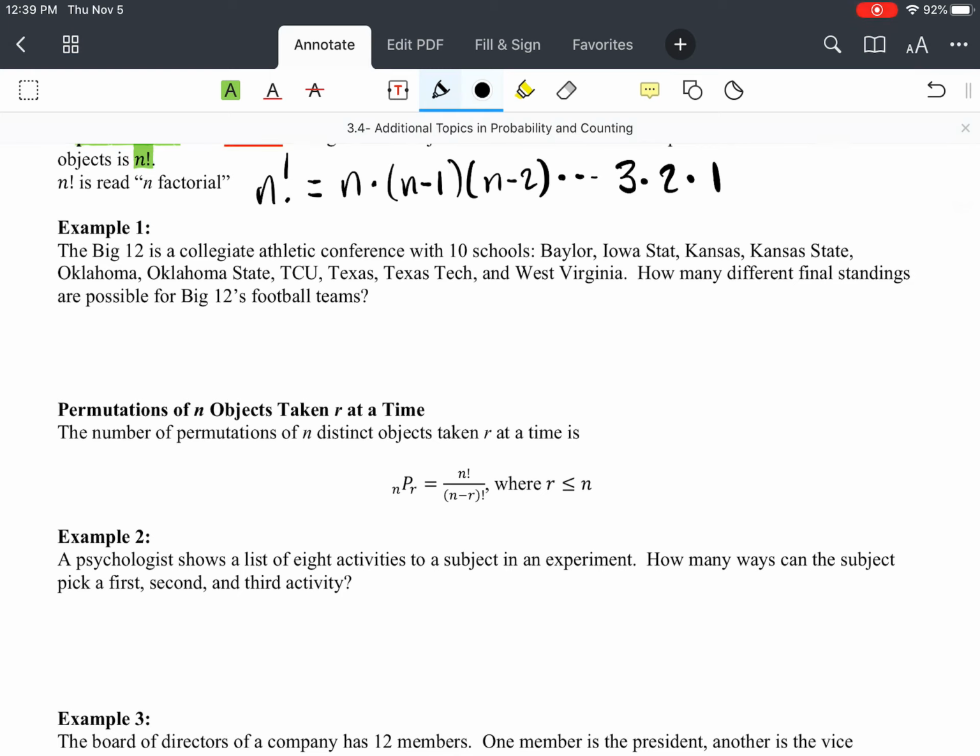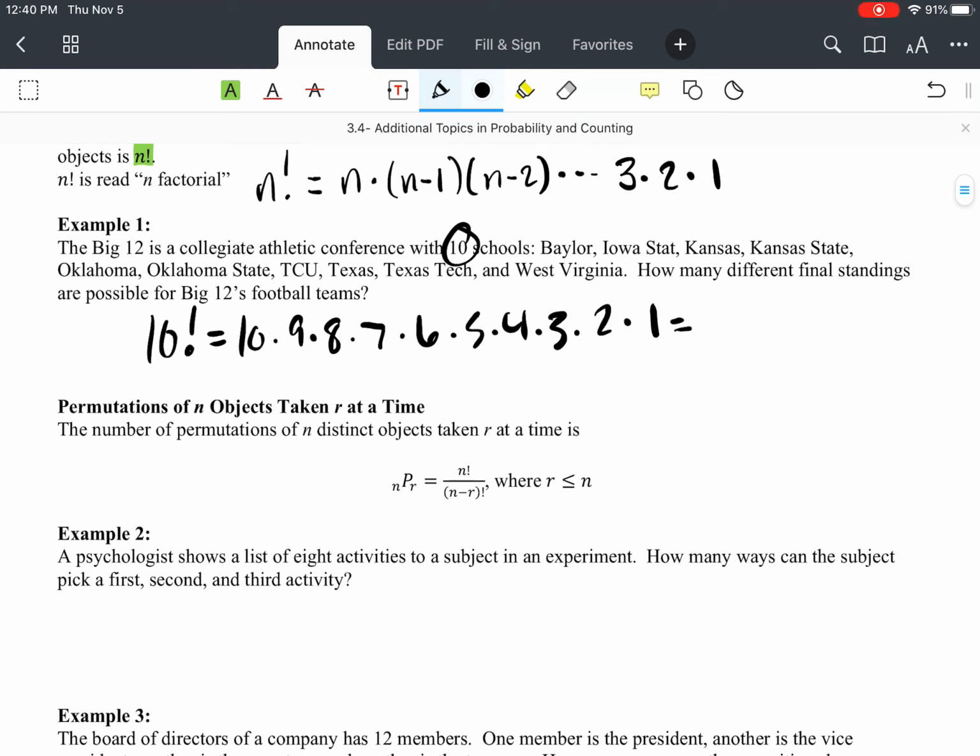In example 1, it says the Big 12 Collegiate Athletic Conference has 10 schools, and a list of schools is shown. We want to know how many different final standings are possible for the Big 12's football teams. We have a total of 10 schools, so the total number is simply going to be 10 factorial, because rank is important. We can rank these teams, which is the same as 10 times 9 times 8 times 7 times 6 times 5, 4, 3, 2, and 1.